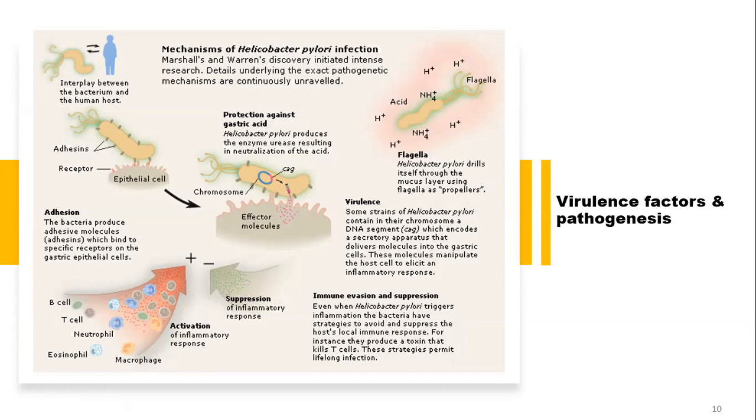How does this organism achieve this? It produces the enzyme urease. Now urease will break down urea into carbon dioxide and ammonia. The ammonia will dissolve in water, forming ammonium hydroxide.